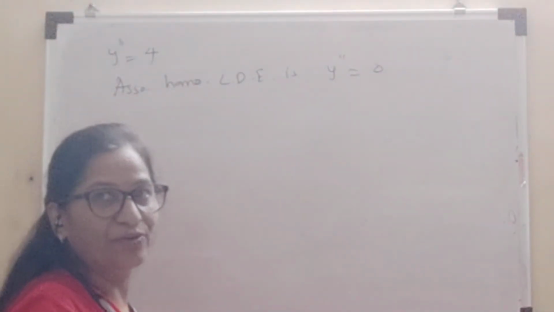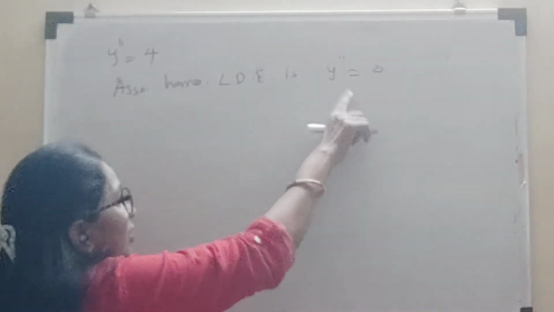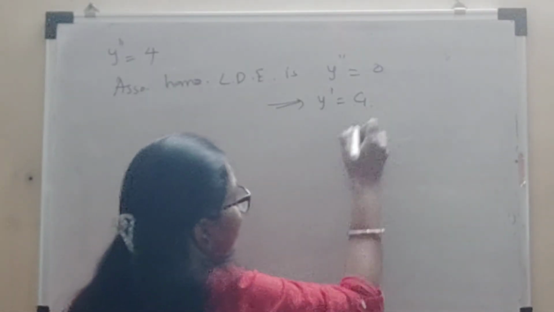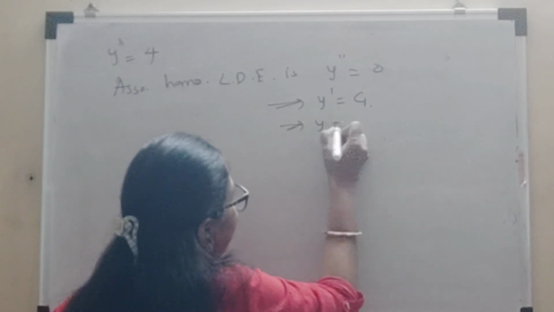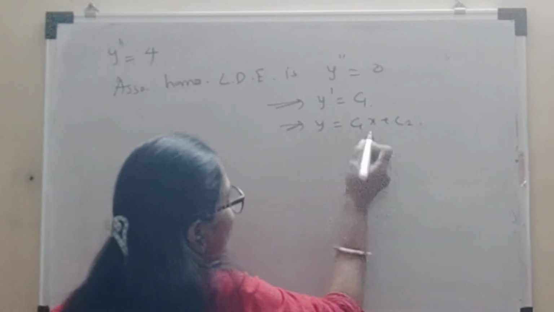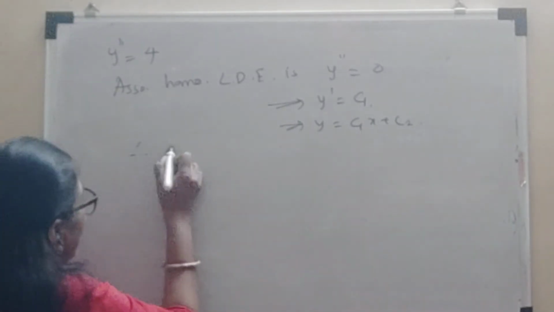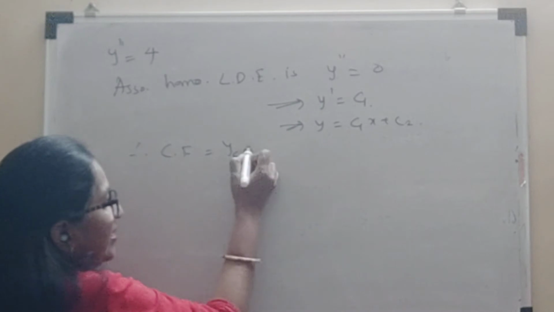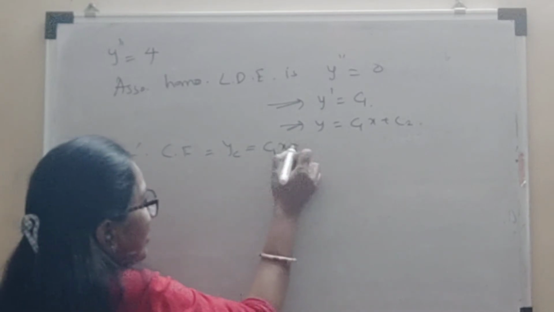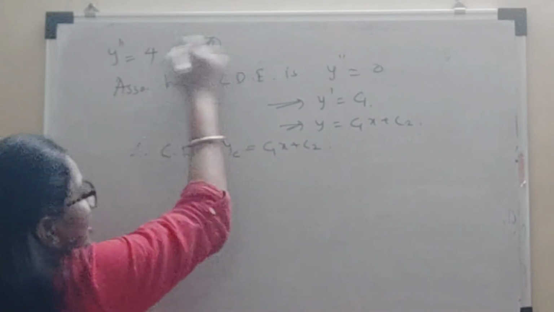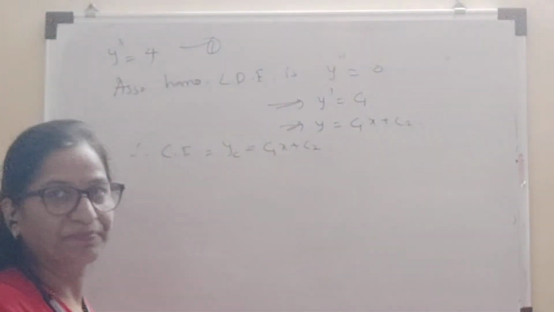To find the complementary function, we solve it, integrate on both sides, y prime is equal to c1 and y is equal to c1x plus c2. So it is nothing but the complementary function, also denoted by yc, and that is c1x plus c2 for the given differential equation, say 1.